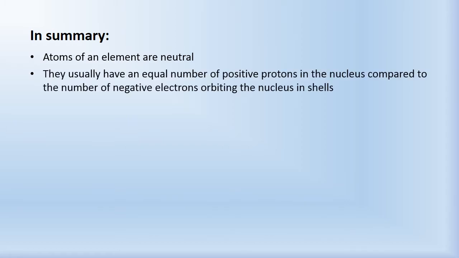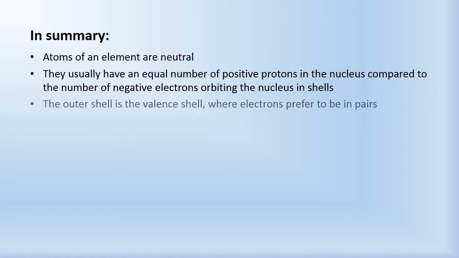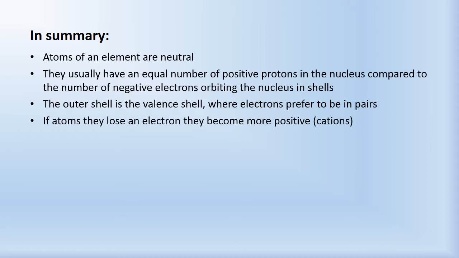So in summary, atoms of an element are electrically neutral because they have an equal number of electrons and protons. The outer shell is known as the valence shell, and electrons in the valence shell prefer to be in pairs. If atoms lose an electron, they become more positive. They become cations, like our Na+ or K+.